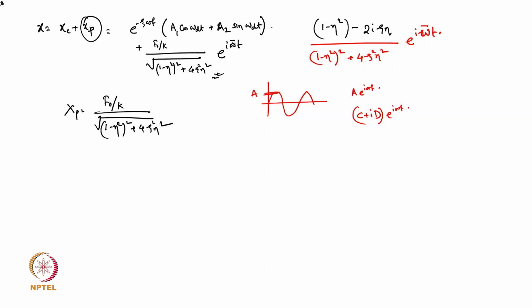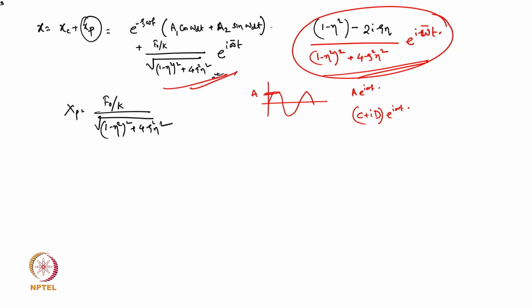Because if you see, actually we have that c plus i d into e to the power i omega t. How does that look like? There are two things: one is this thing and another is this one. We can see that obviously f0 by k is there. So now, are these two things same or are these two things different?